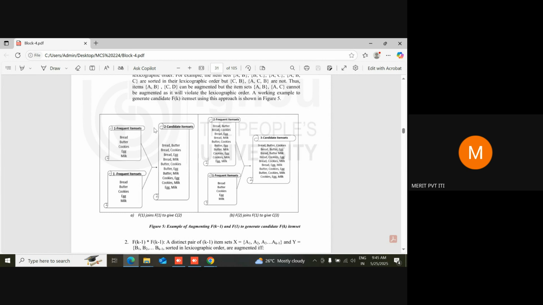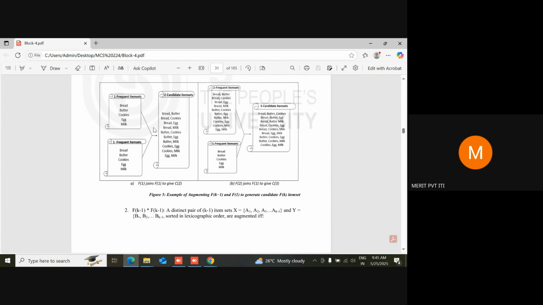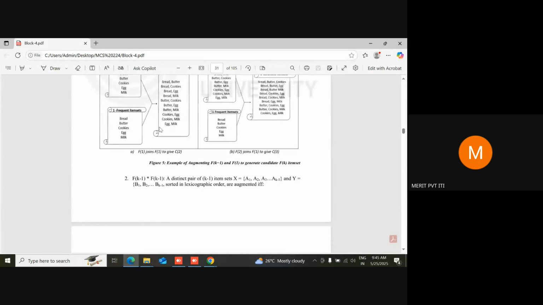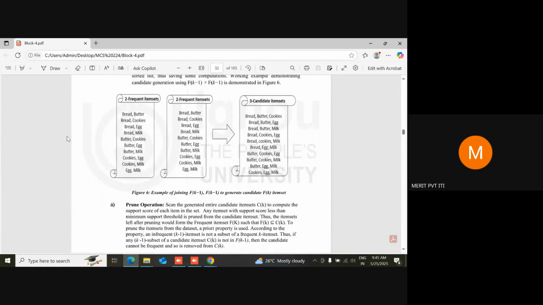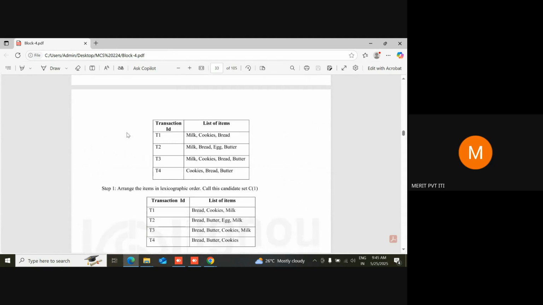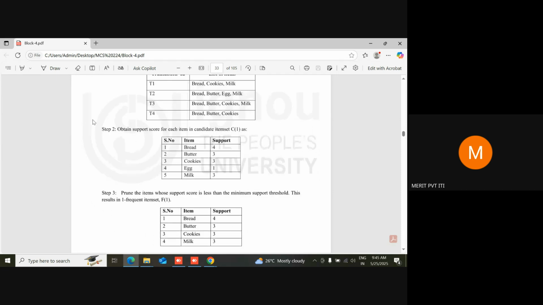Example of augmented Fk minus 1 to generate candidate Fk. That is the important thing. You can see that. Again a similar thing is there. So bread, butter, and so on go to the three candidate item sets. You can see the same T1, T2, T3; you can go through this.